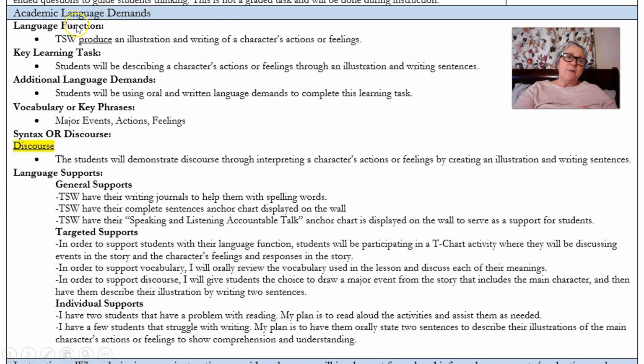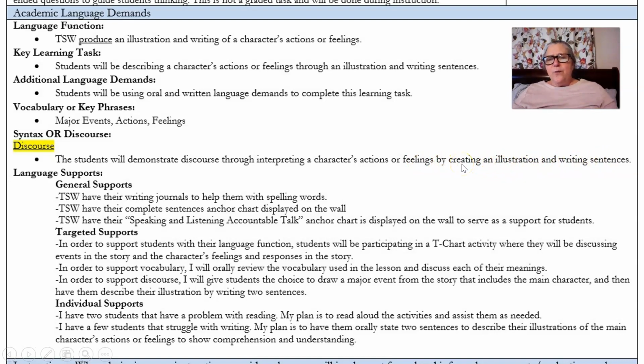So I'm looking at this language function and I'm looking at this key learning task, and what do you think I'm thinking? I'm thinking about these verbs. One's produce, one's describe. So let's skip on down here to the discourse. The description of the discourse: the student will demonstrate discourse through interpreting a character's actions or feelings by creating an illustration and writing sentences.